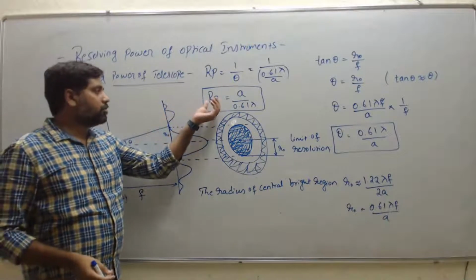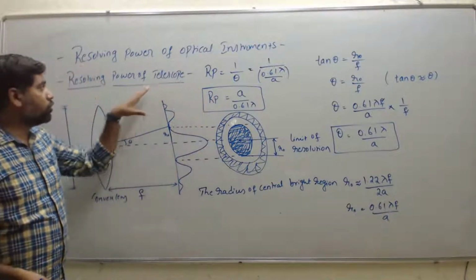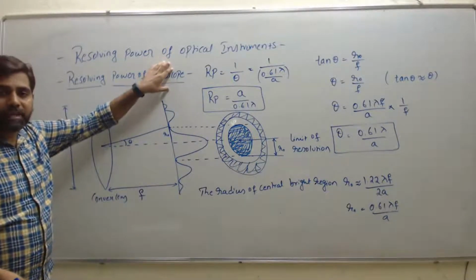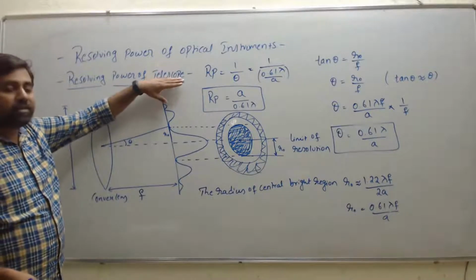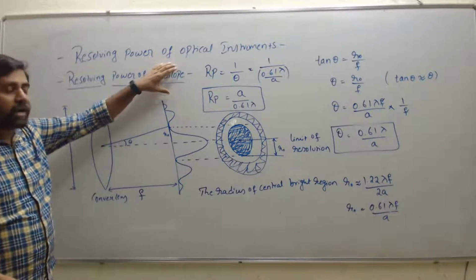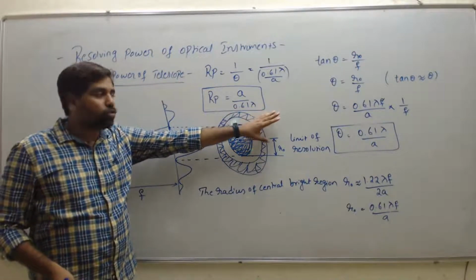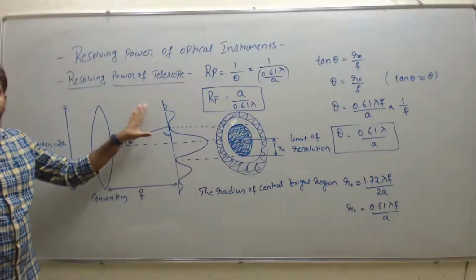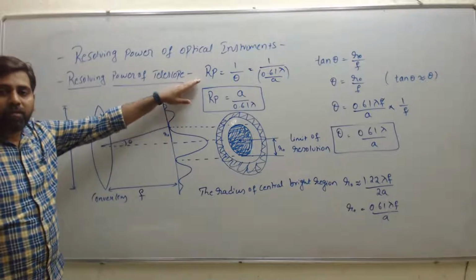So why do we use the telescope? It is for observing objects which are at a larger distance from us. With our naked eye we can't resolve two distinct objects that are close to each other. If we observe two stars, almost they look like one star.